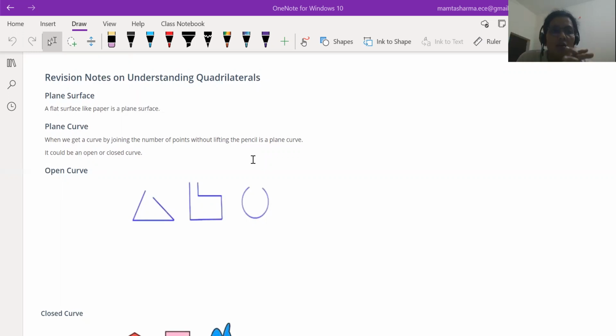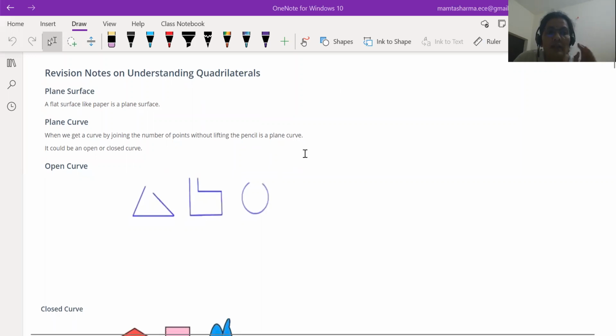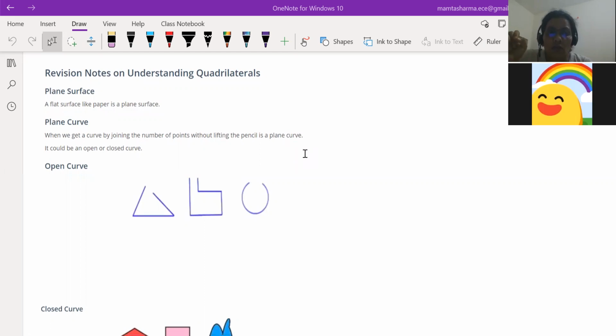Now plane curve. When we get a curve by joining a number of points, like if there is point A and point B, when we join them without lifting the pencil, we would get an open or a closed figure.